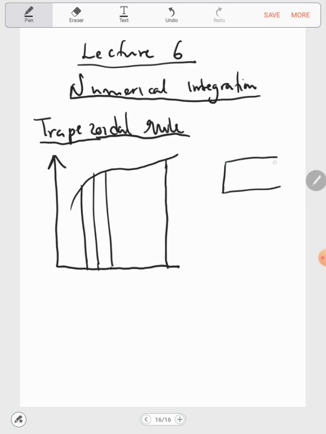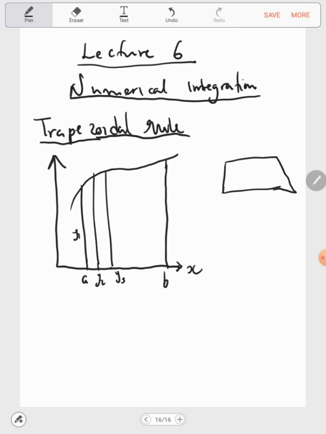Remember, a trapezium is in that form. Here we're showing that this ranges from A to B, so we have x equal to A and x equal to B. We can form y1, y2, and y3, these lines that are going up there.